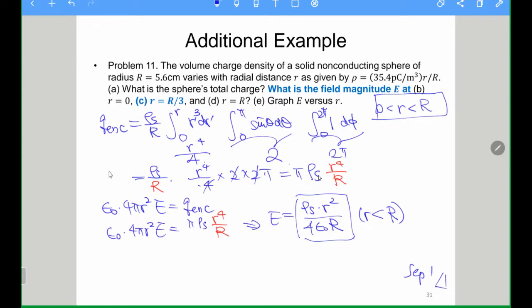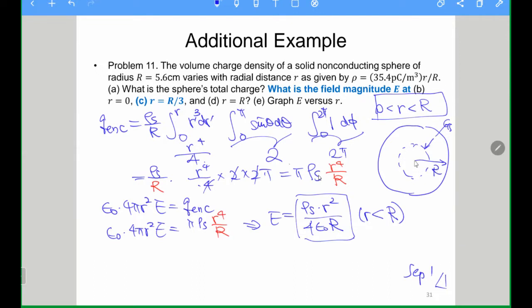So here, the Q enclosed by the Gaussian surface. Suppose this is a Gaussian surface, and actually we have the radius to be capital R. This is the radius of the sphere, and within it there is some charge density which is proportional to the radius.